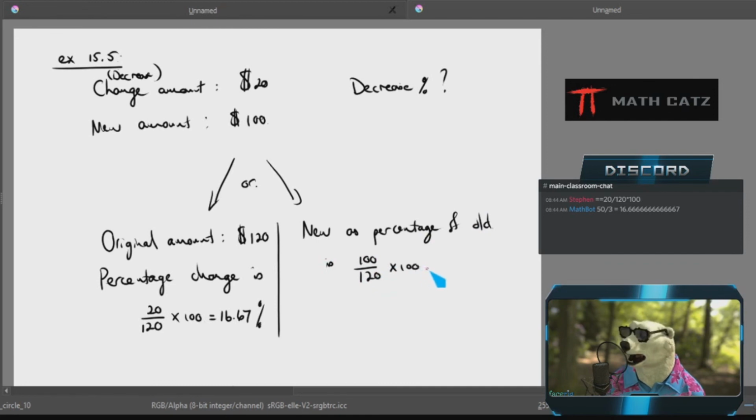And I make that a percentage, of course, by multiplying by 100. Or not make it a percentage, I get the percentage value. Let's see, 100 divided by 120 times 100. And we get 83.33 if we round it.